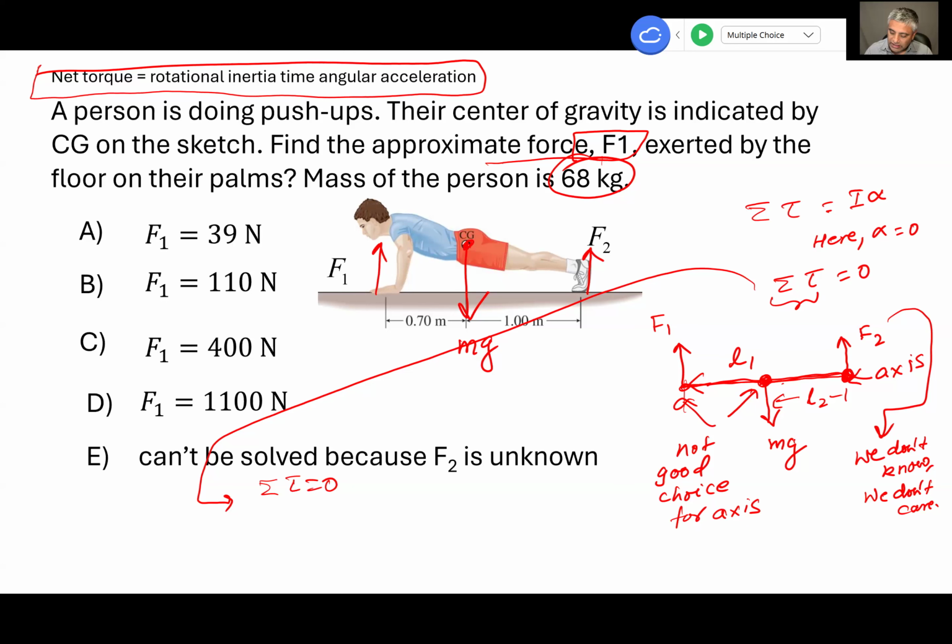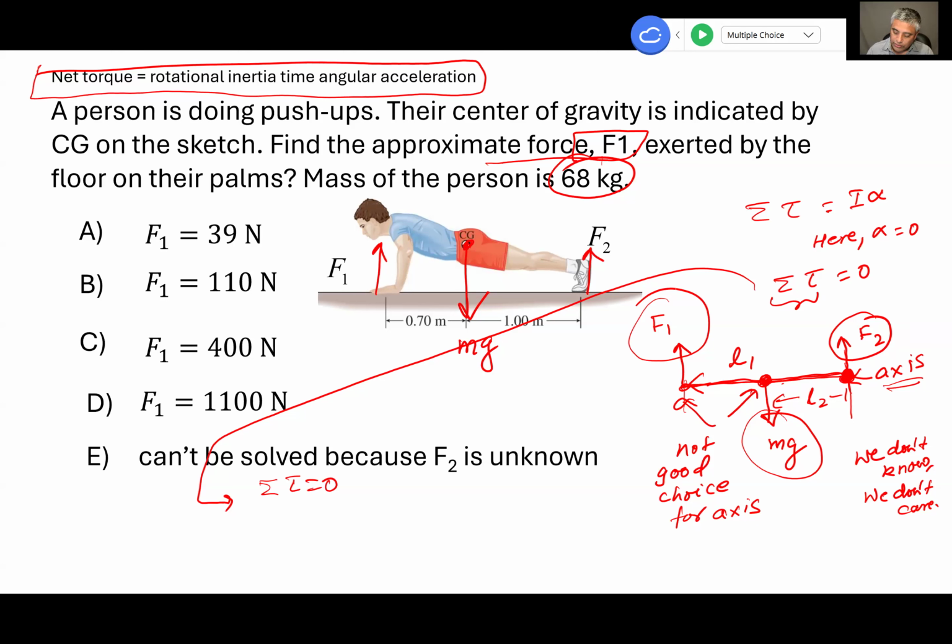There are two forces providing the torque: one is F1, another one is mg. Remember, we already eliminated F2 by choosing the axis over there, because if the axis is right there, then the lever arm is 0 for this force, which means the torque is 0 as well. So for this choice of axis, the torque due to F2 is 0, so we don't worry about it. That's why we chose the axis over there.